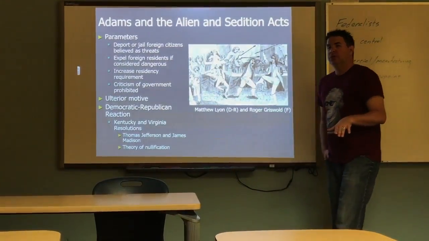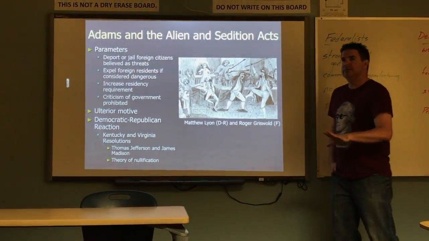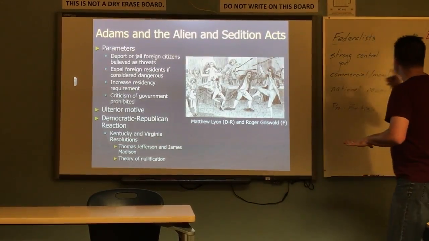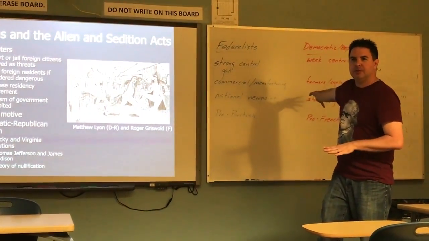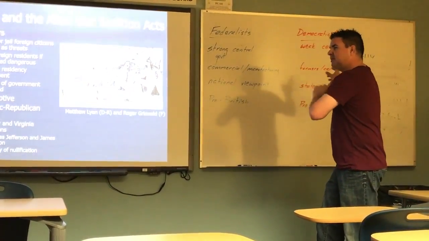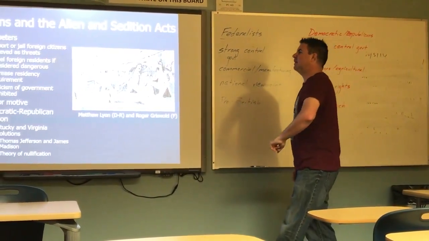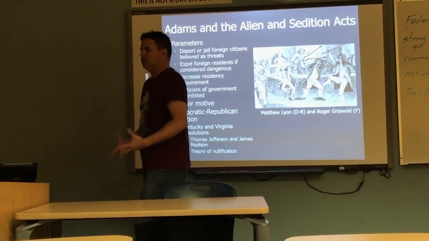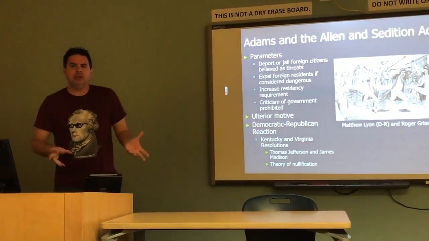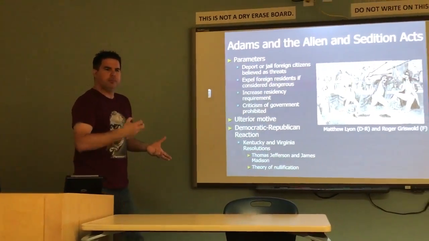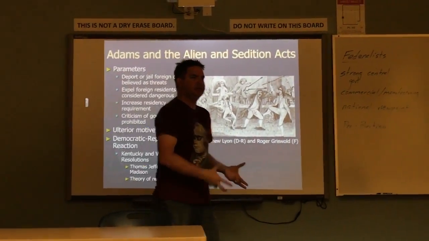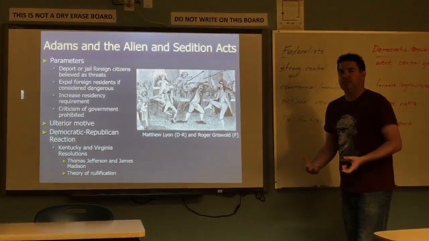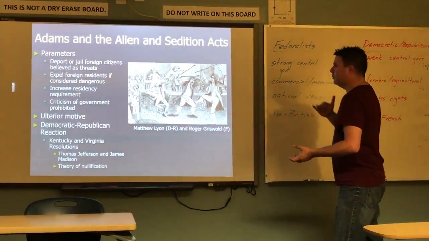So immigrants to America are heading to which party? The Republicans, right? That's the ulterior motive. Not necessarily to deport these individuals for national security. They believe that, but the political purpose here is to weaken the Democratic Republicans, because more and more immigrants are who the Democratic Republicans appeal to.